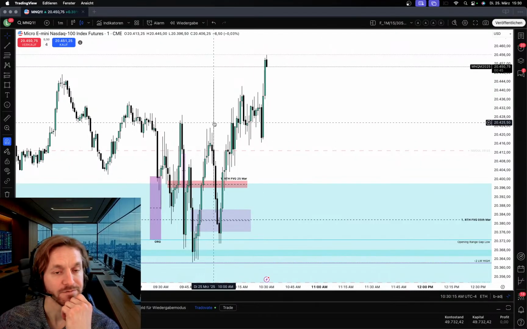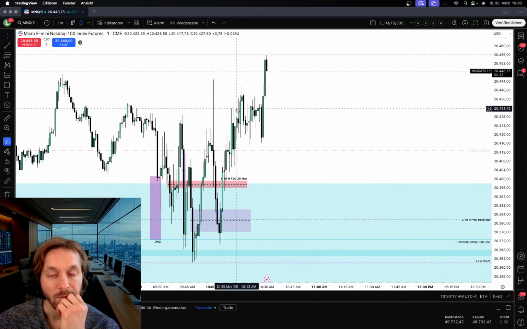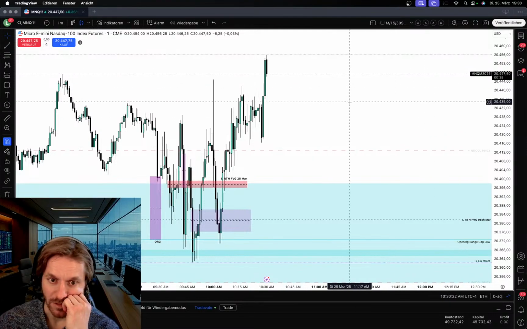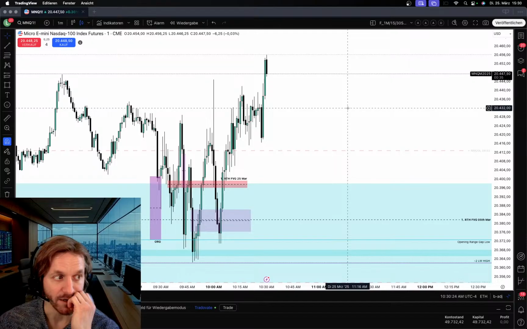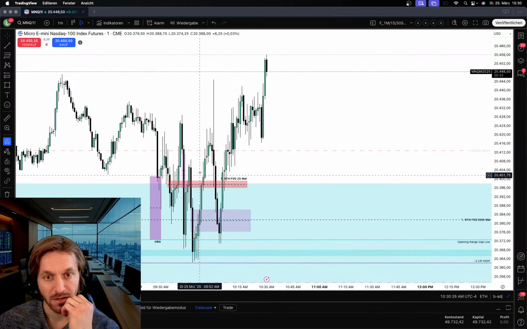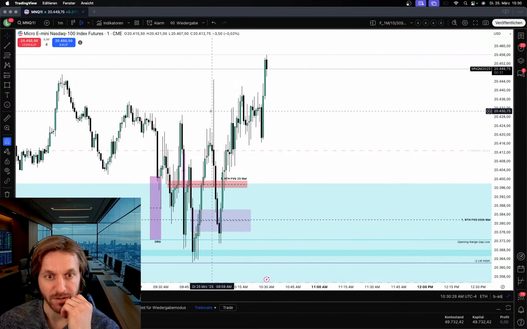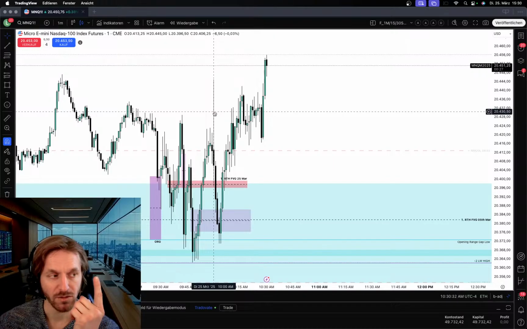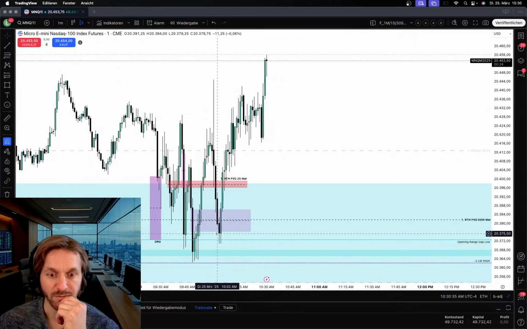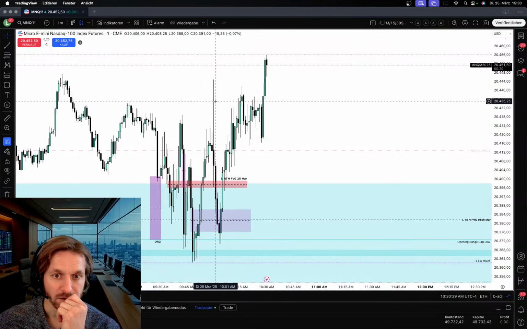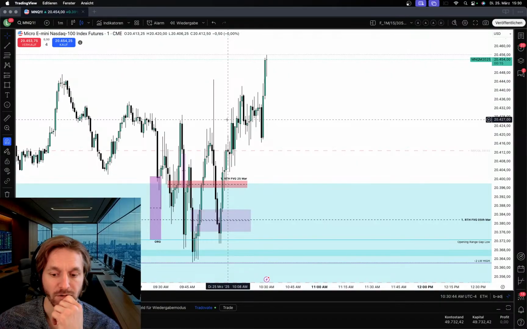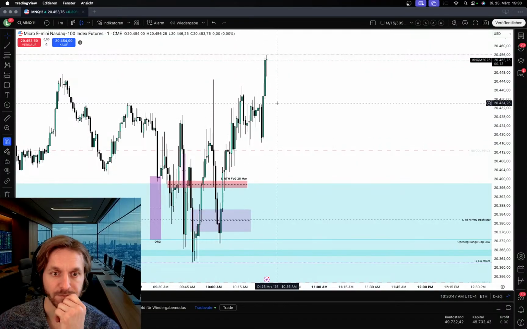The good thing is, even if we go much higher from here, I don't really care, or it doesn't annoy me much more, because this here would have been my take profit one, and I would have left one contract as a runner open, but I would have been stopped out here. So basically I would have been already done with the trade.